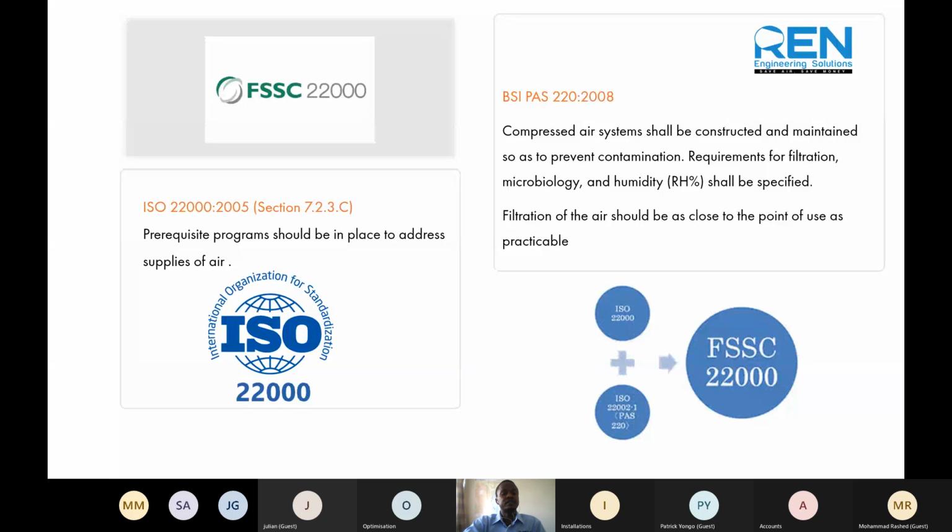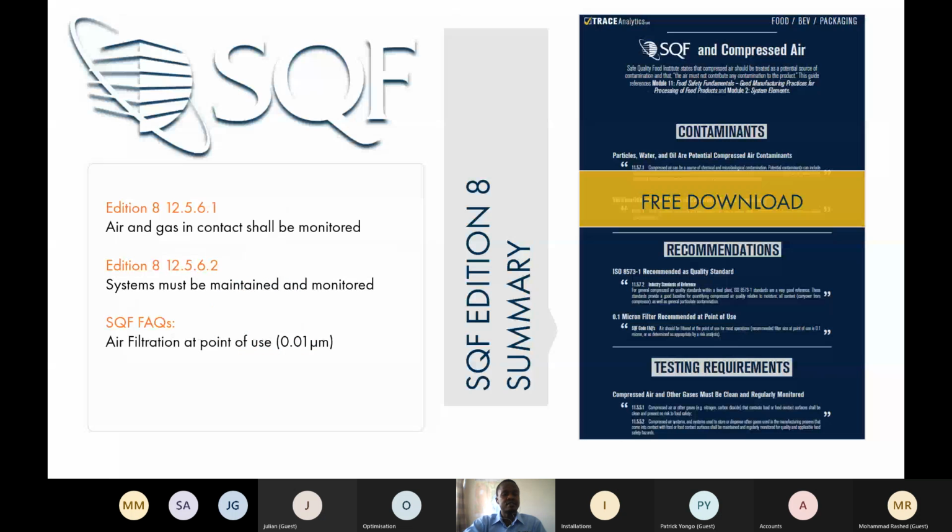The last food safety scheme that we'll talk about today is the SQF. In different parts of this standard, it states that air and gas in contact shall be monitored. Systems must be maintained and monitored.